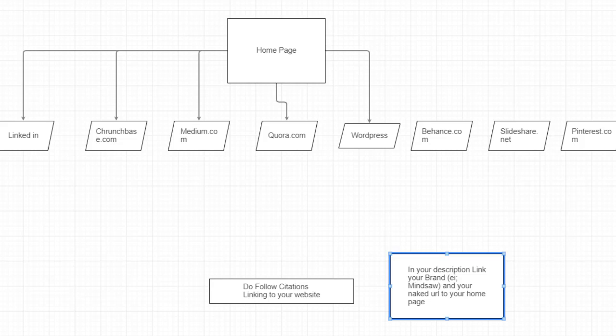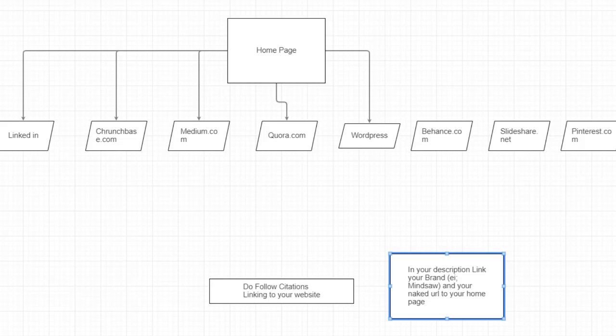Now, in this fancy diagram that I created, I'm trying to explain that for each citation that you create, for example, on LinkedIn, LinkedIn is going to ask you your name and it's going to ask you a description.